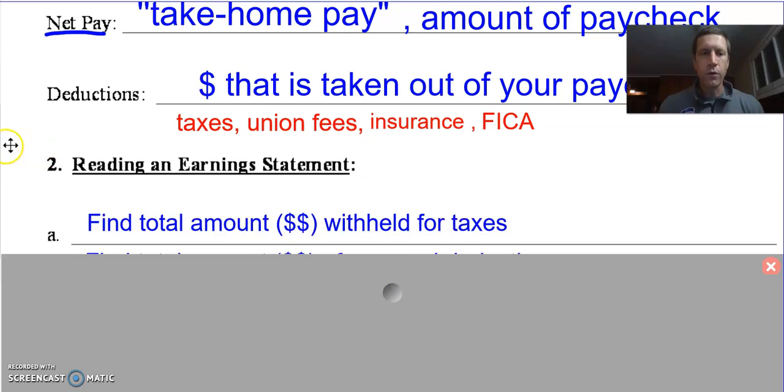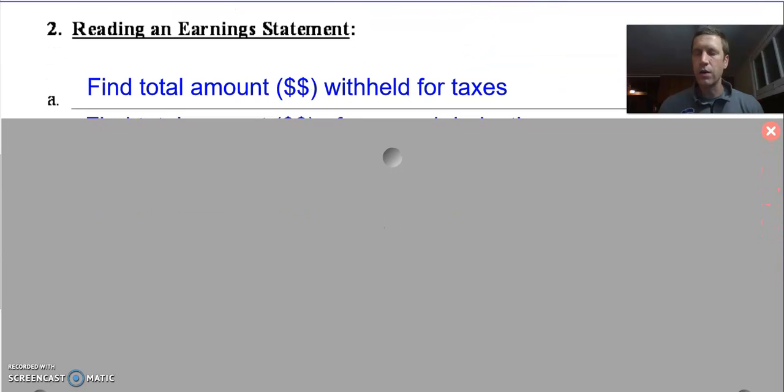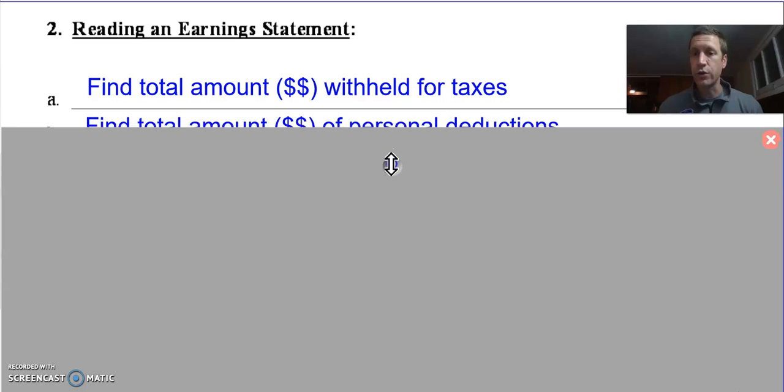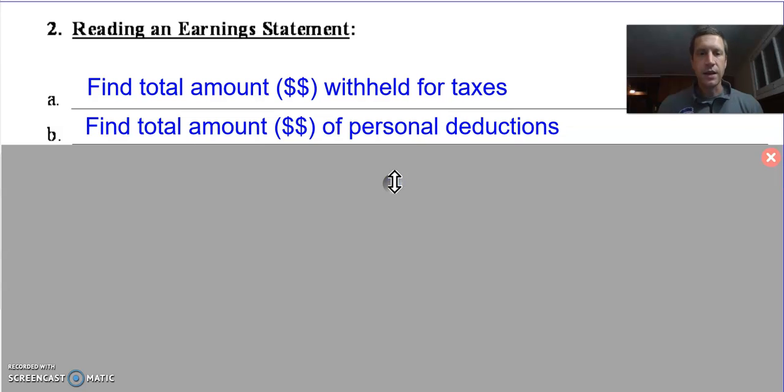So 4 steps real quick to reading your earnings statement or reading your pay stub. First, you want to find the total amount of money withheld for taxes. After we go through this 4-step process rather quickly, I'll show you an example of it. Secondly, we want to find the total amount of money of your personal deductions.